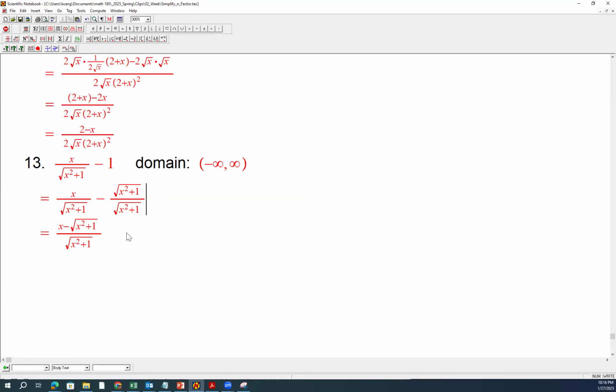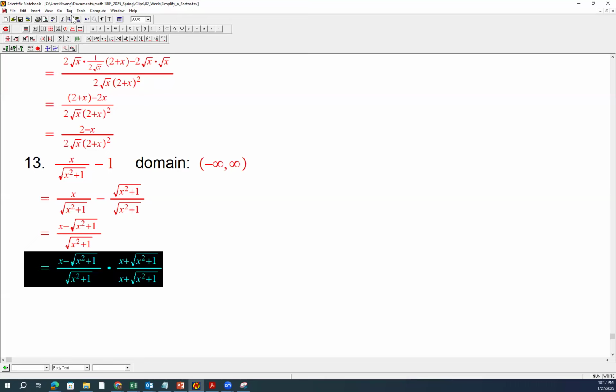However, in a calculus setting, sometimes when we get to this point, we may have to go further. I say we may, okay? So how do we go further? Typically, we want to do some conjugate thing. So we multiply by the conjugate of the numerator, x plus that root.